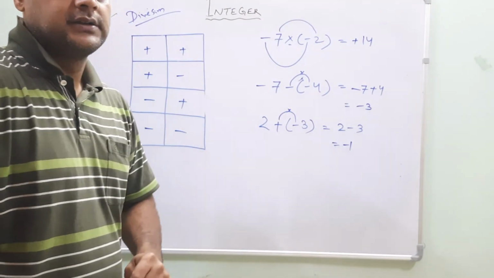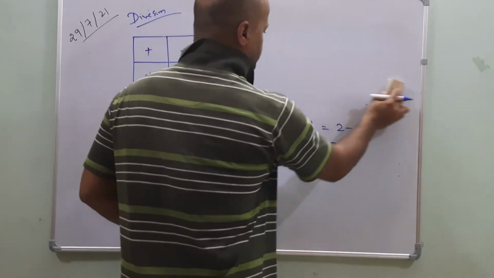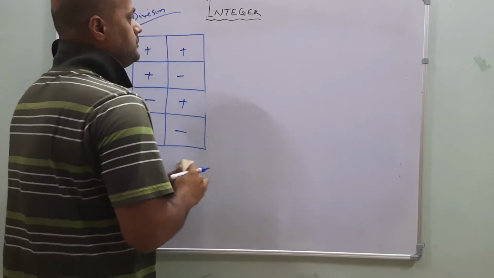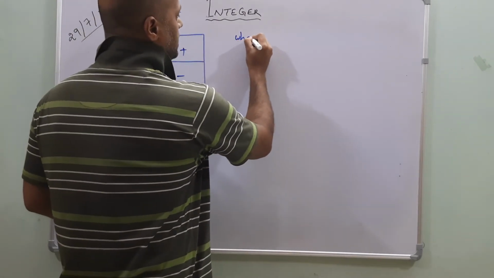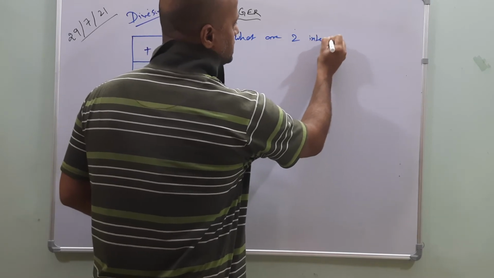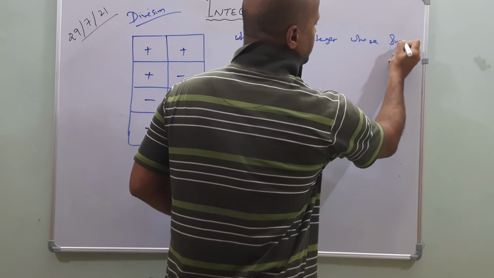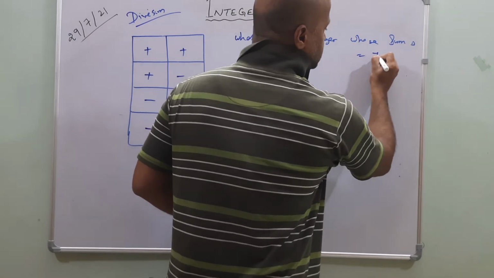Okay, but sometimes the questions are coming like this. What are two integers whose sum is 7?